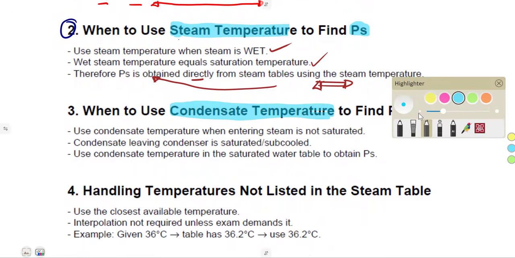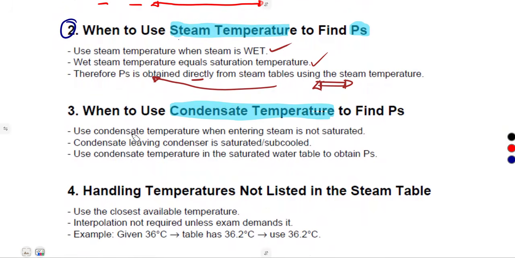Okay, the first thing, use the condensed temperature when entering steam is not saturated. When the steam that is entering is not saturated.